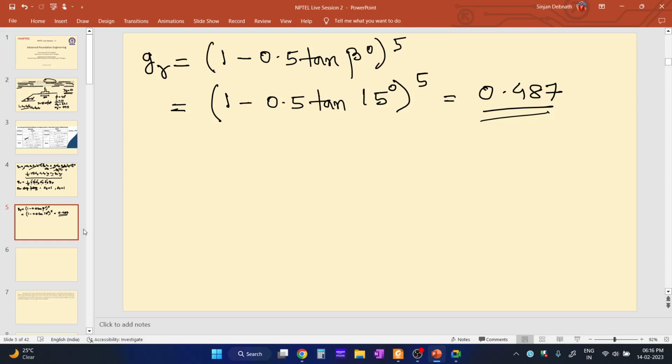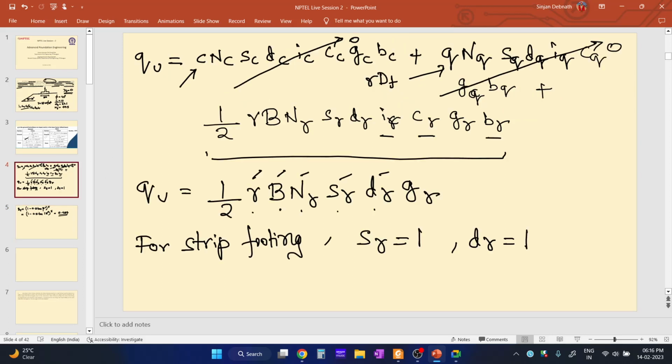So now we know the values of all the parameters. We know the unit weight, we know the breadth of the footing, we know the bearing capacity factor N gamma, we know the shape factor, we know the depth factor, we know the sloping ground factor.